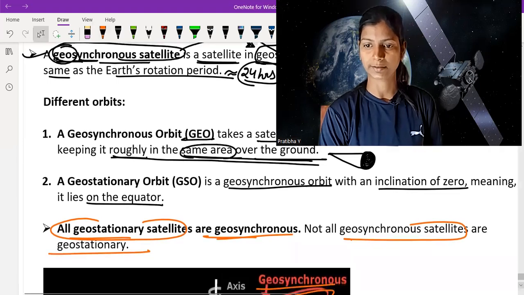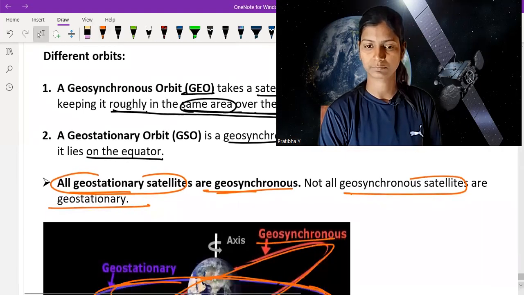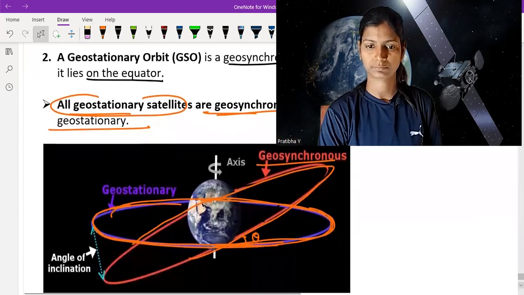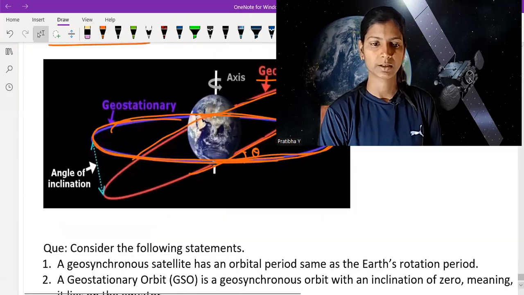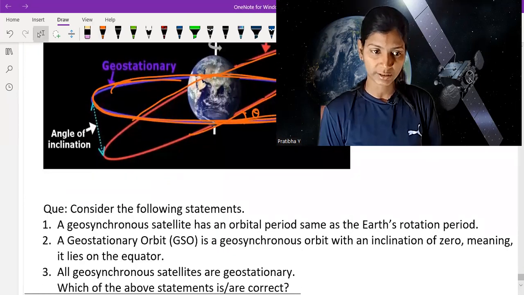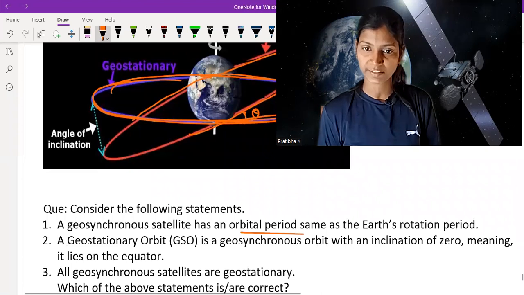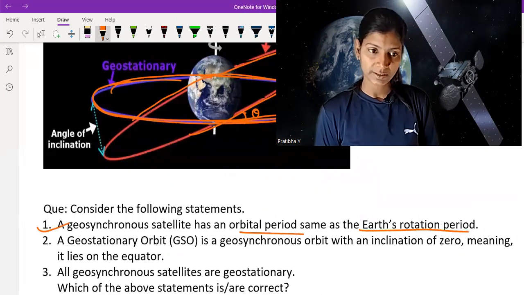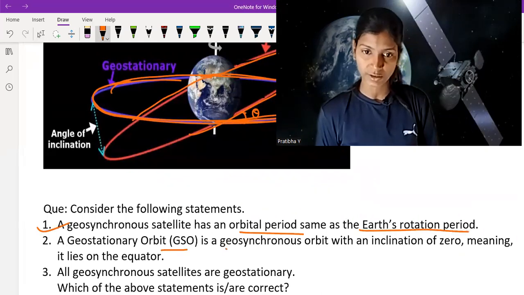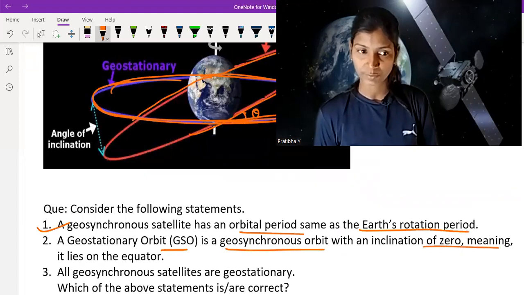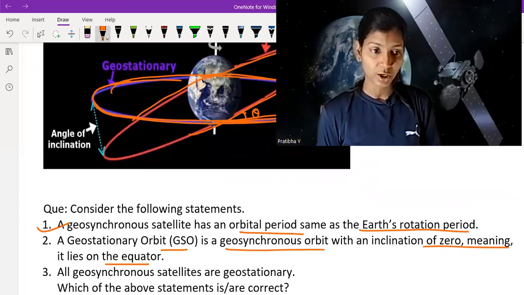Now we are going to solve one question based on geosynchronous satellite. Consider the following statements. A geosynchronous satellite has an orbital period same as the Earth's rotation period. Yes. Geostationary orbit is a geosynchronous orbit with an inclination of 0, meaning it lies over the equator. Yes. All geosynchronous satellites are geostationary.